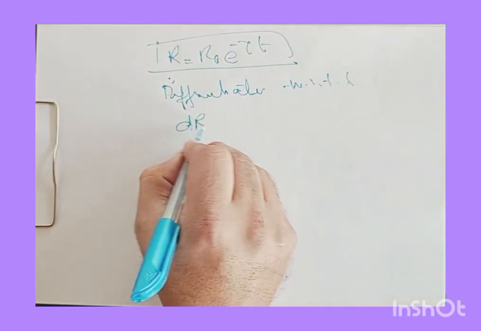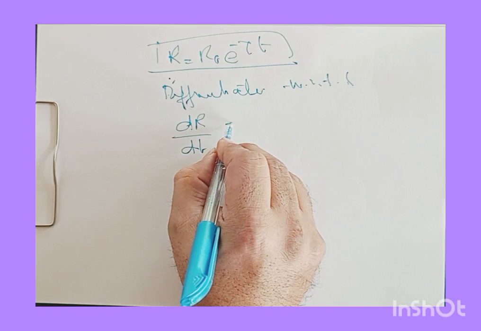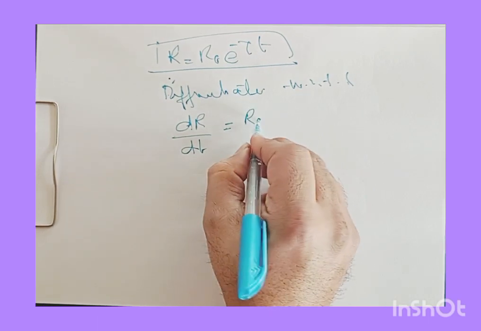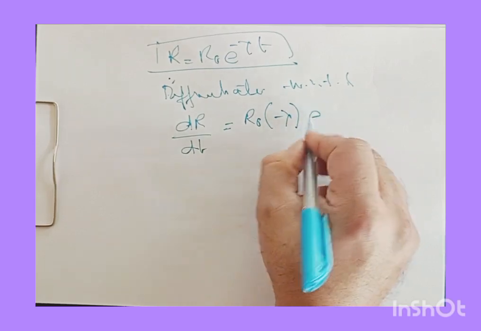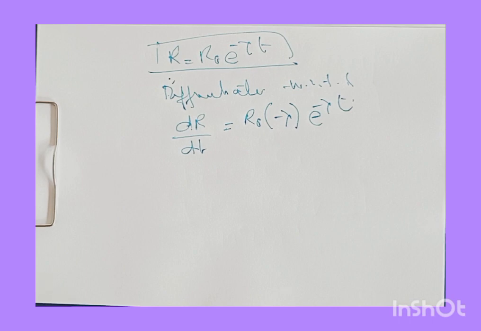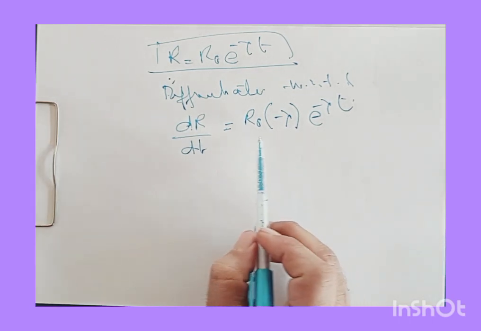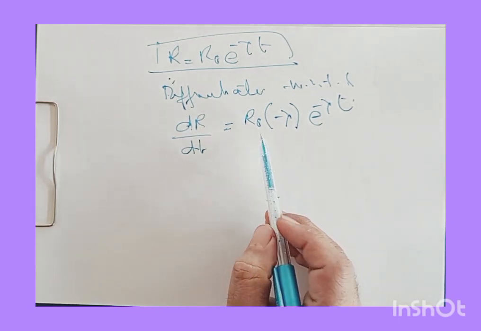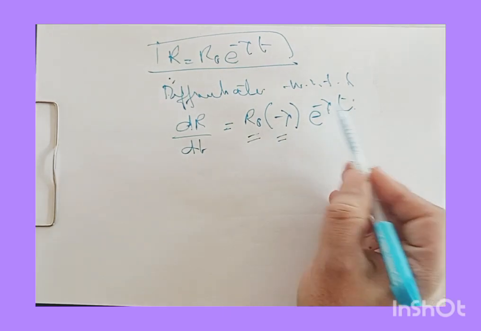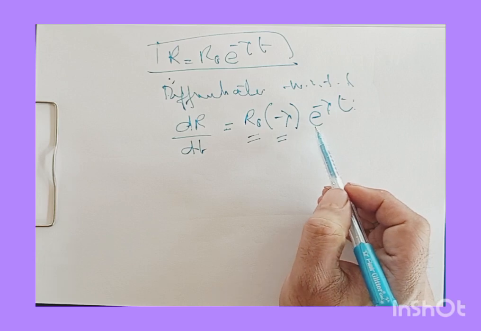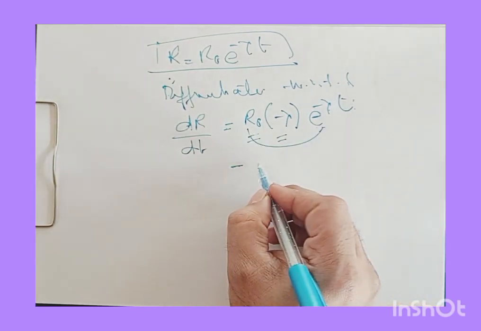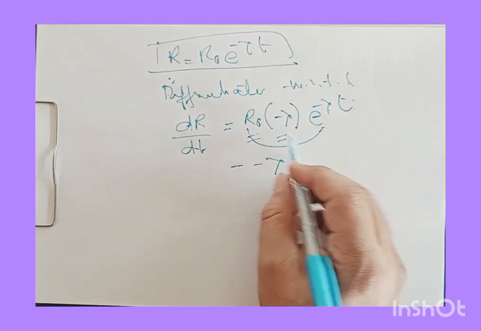So what I'll have is dR by dt equal to R naught, minus lambda will come down, e to the power of minus lambda t. We have R naught, then minus lambda, that's the internal derivative of lambda t, and the same function that we have. Now this is minus lambda, and what is this?